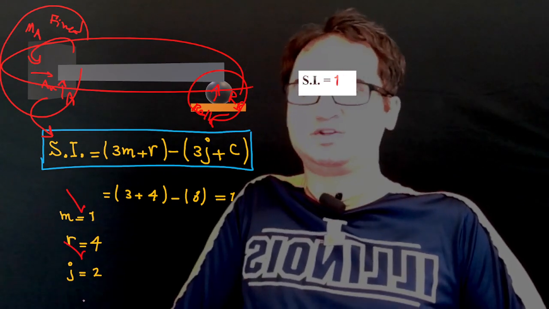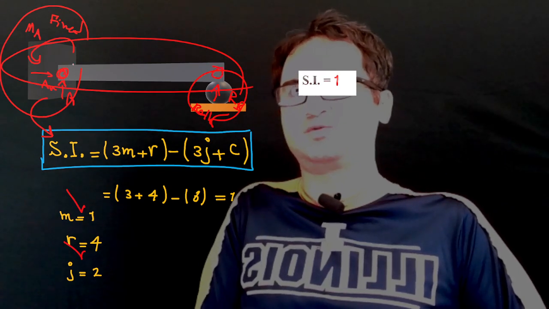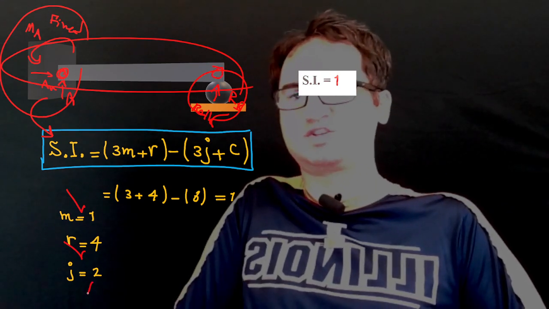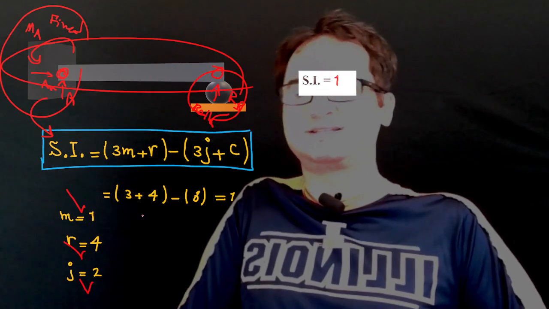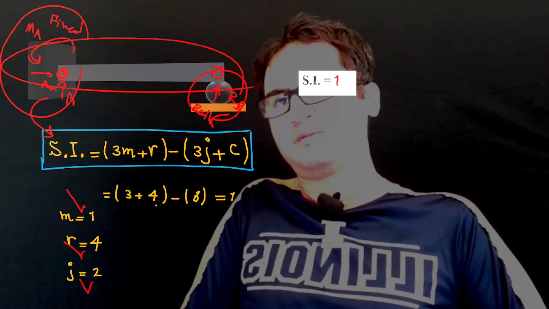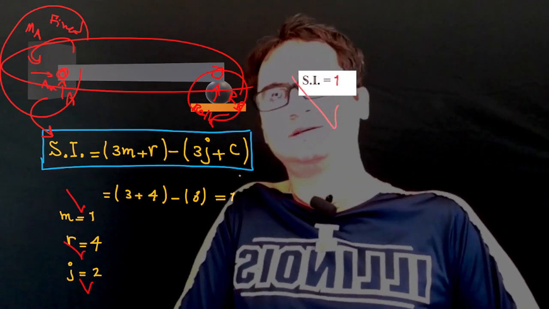And joints, if you want to model it, are just 2 joints, and there is no special condition. So you can easily see that 3 plus 4 minus 6 leads to 1 degree of indeterminacy.